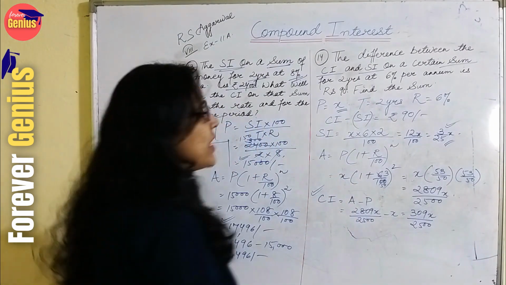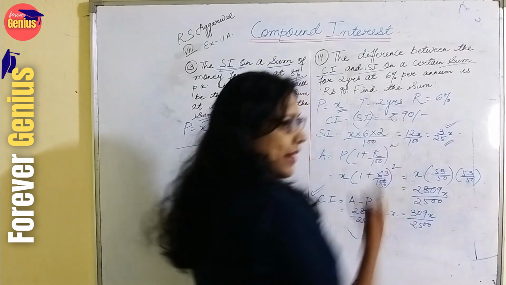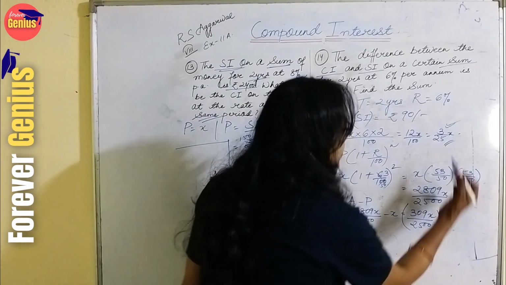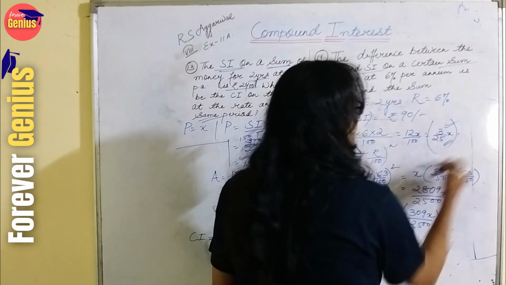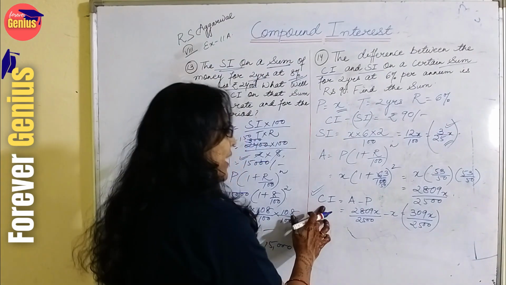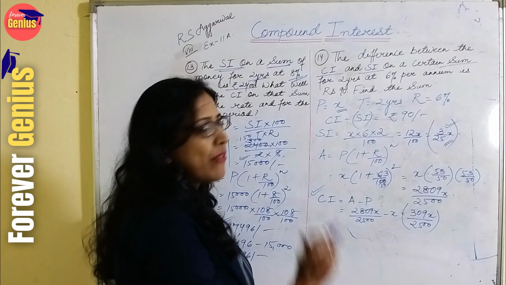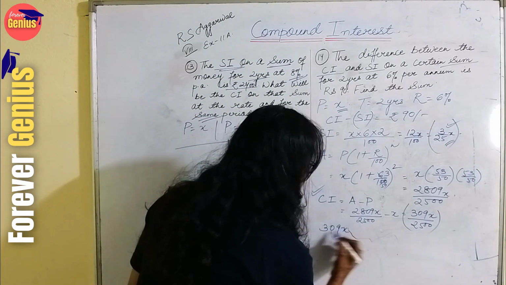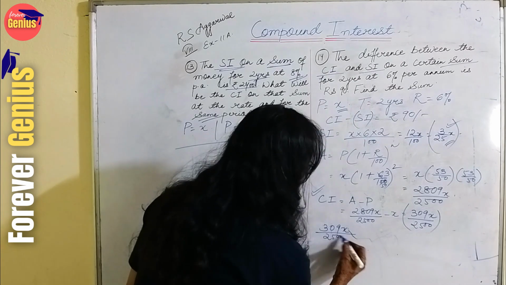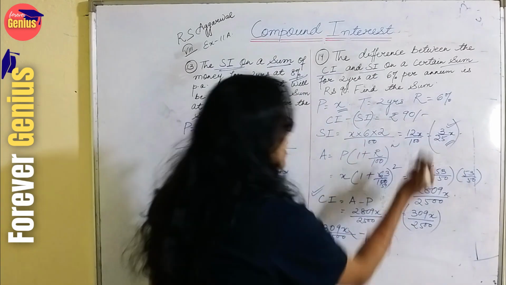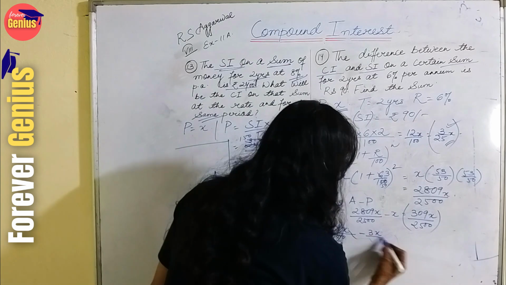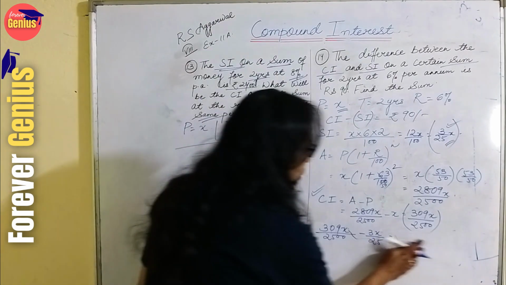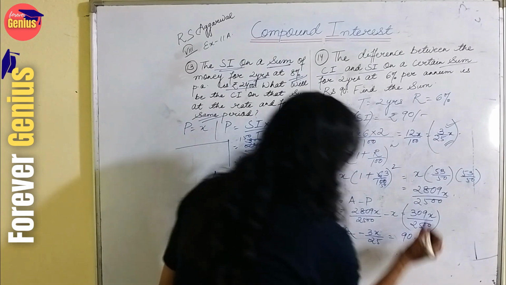The difference of these two numbers is 90. Now by applying these two values, we can calculate the value of x. So what is it? 309x by 2500 minus 3x by 25. After taking out the LCM, this is equals to 90.